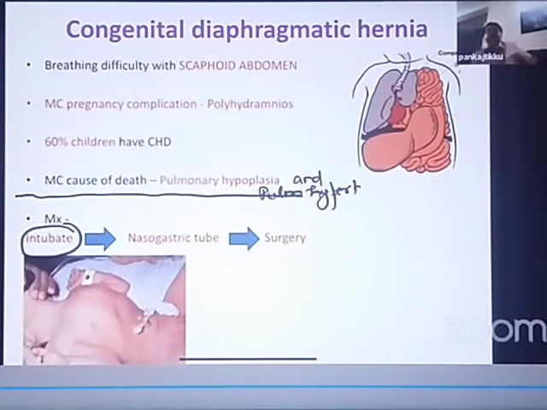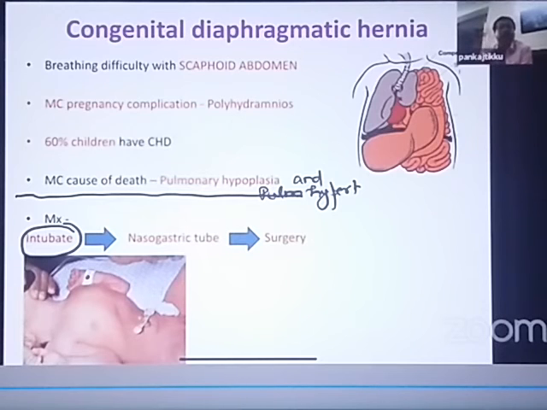And because the stomach right now is not in the abdomen but is in the chest, as you inflate the stomach more and more, the lungs will get compressed more and more. So therefore, do not do bag and mask ventilation. Bag and mask ventilation is contraindicated in a diaphragmatic hernia. This is a very important question. What is the absolute contraindication of ambu bag and mask ventilation in a newborn? It is a congenital diaphragmatic hernia.